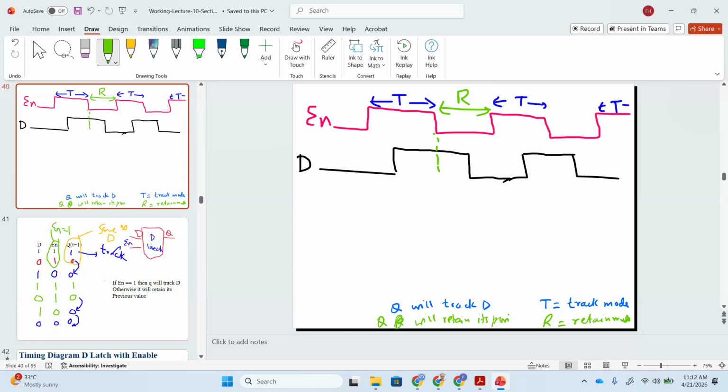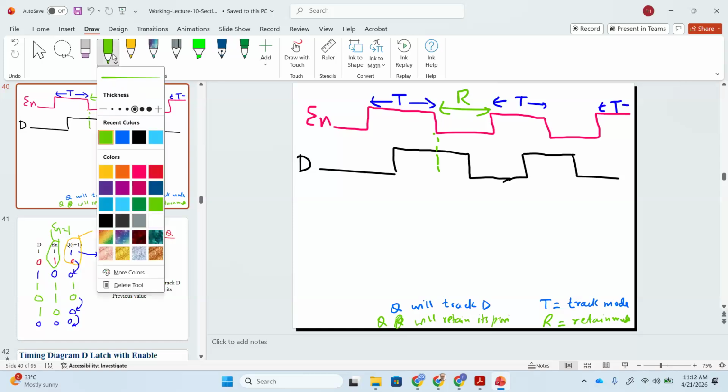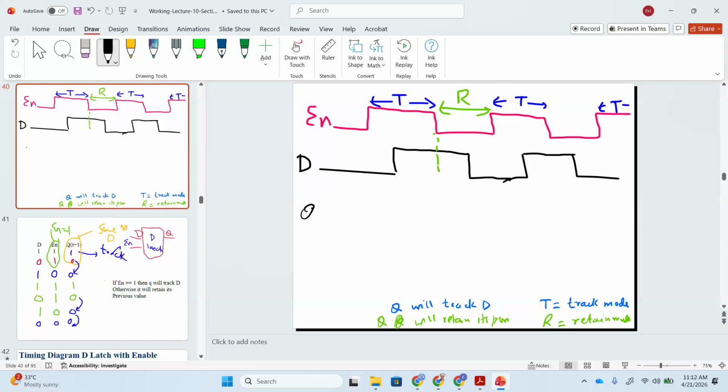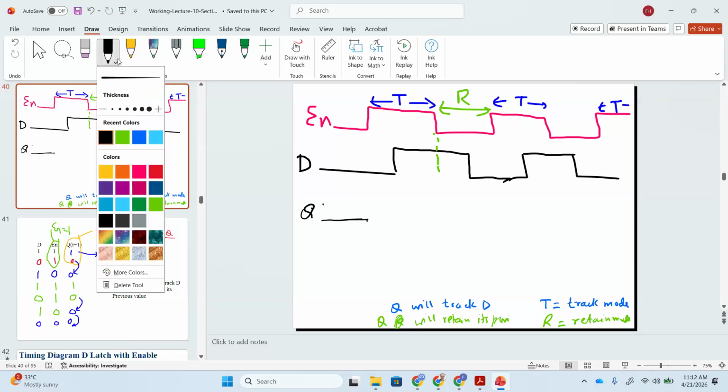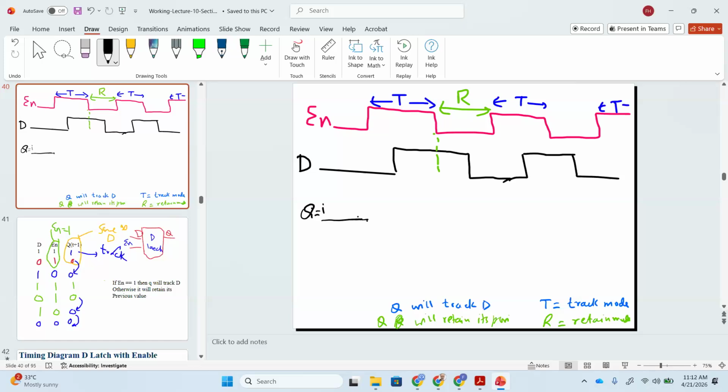Okay, now can you see here? Let's assume the initial value of Q is 1.